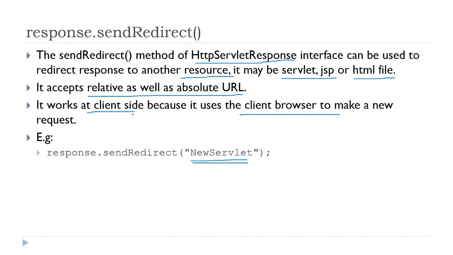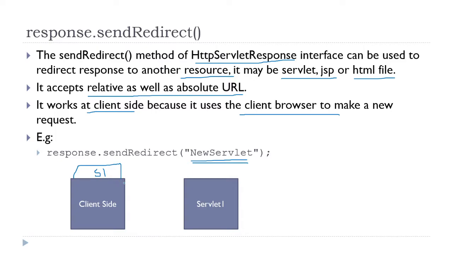So basically what happens in the response.sendRedirect method is that, let's say this is the client side, and from the client side we are generating a request for servlet 1. This request will be sent to servlet 1, and servlet 1 will do some processing. Let's say now servlet 1 has code to redirect the response to a new servlet named servlet 2.